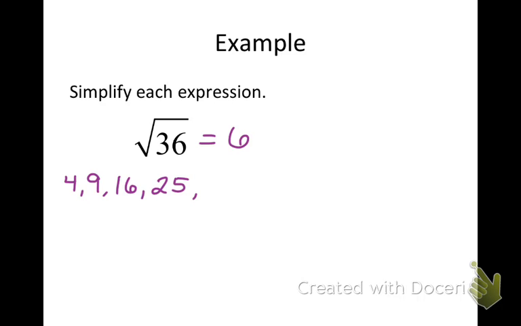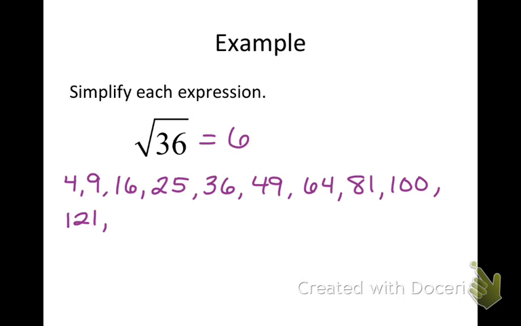Keep going. How high can we go? Good. Can you go further? 121. 144. Good. 169 and 196. Those are always easy to remember because they're flips of each other.